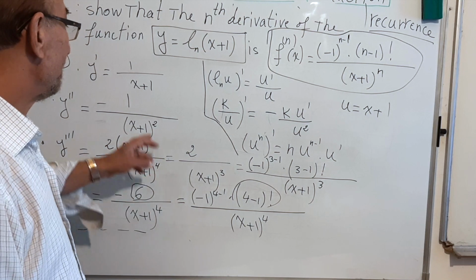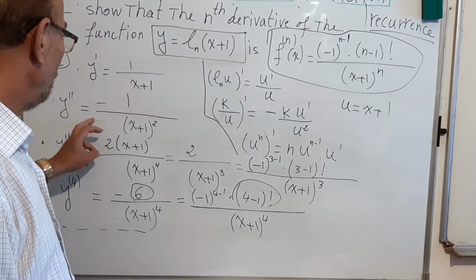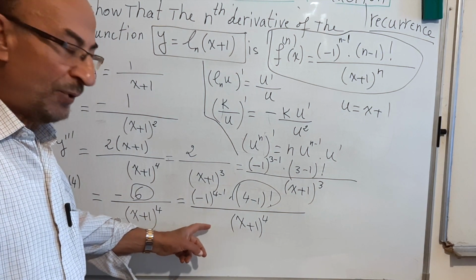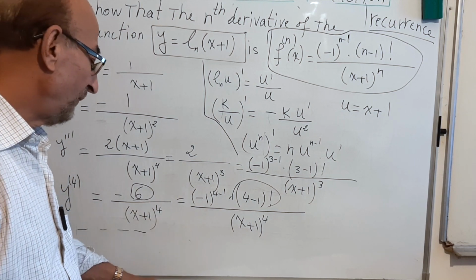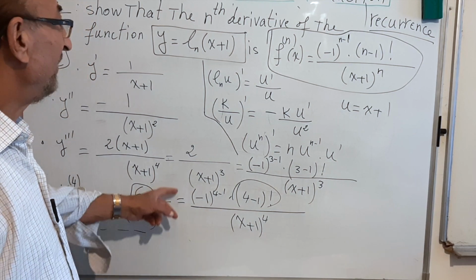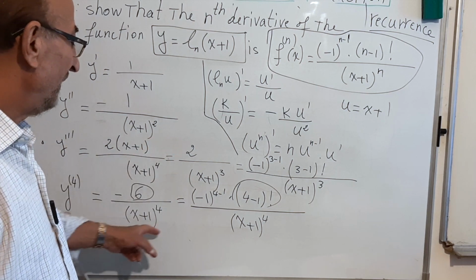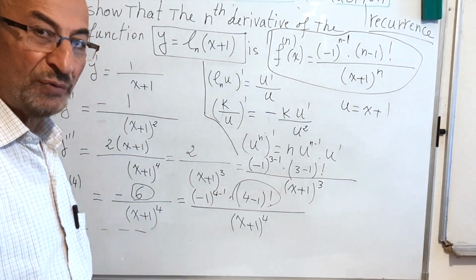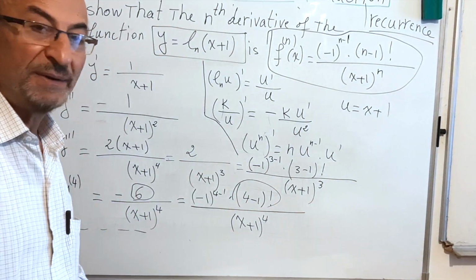The formula is true for the order 1, 2, 3, and 4. We suppose now the formula is true for the order n minus 1, and we must prove that the formula is true for the order n.